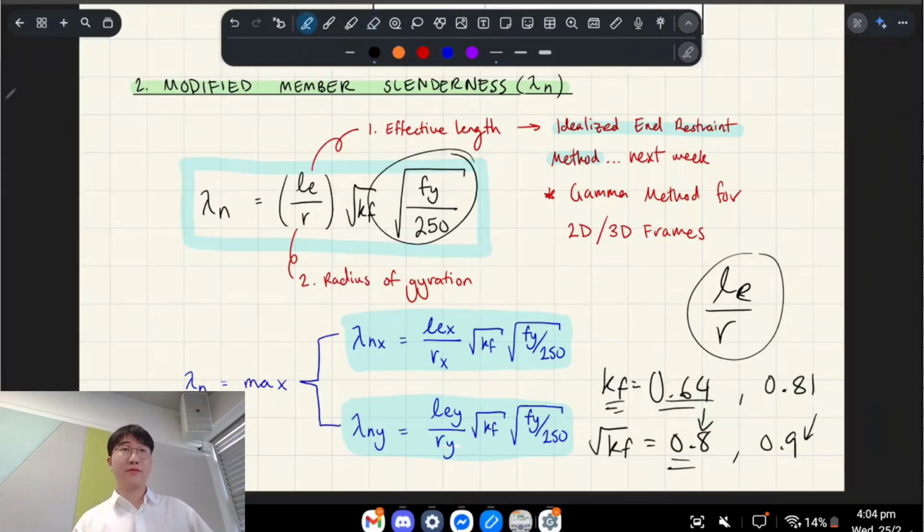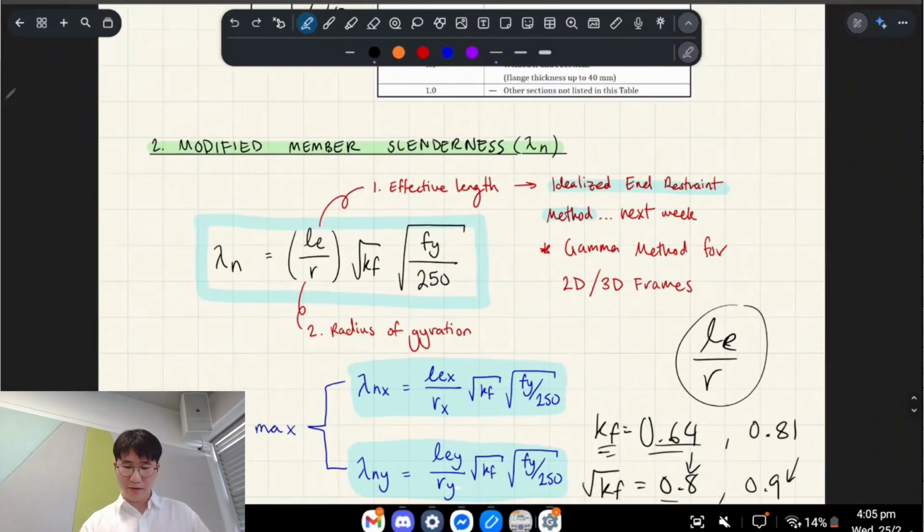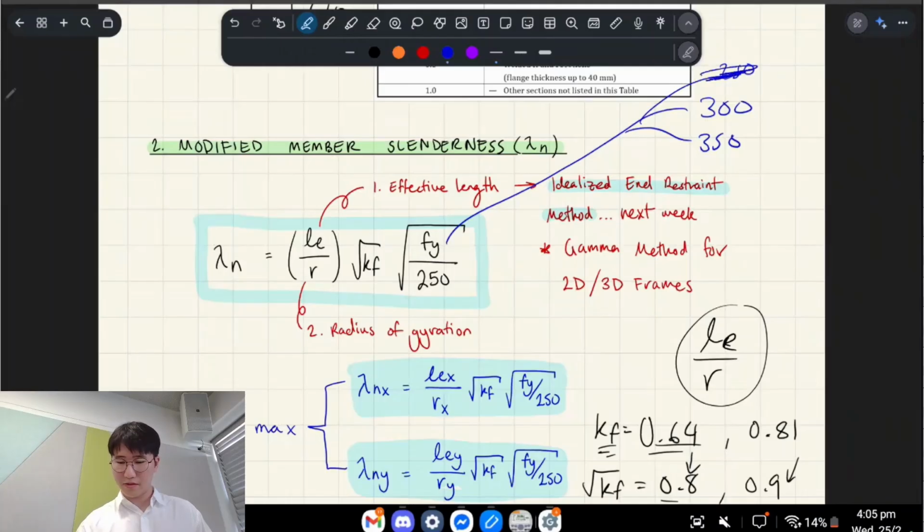Okay, and then here we have the square root of yield strength over 250. This is usually 300 or 350 or in that ballpark, sometimes 250 for a cold formed CHS, so this number is usually greater than 1. Let's just say it was 1.21.